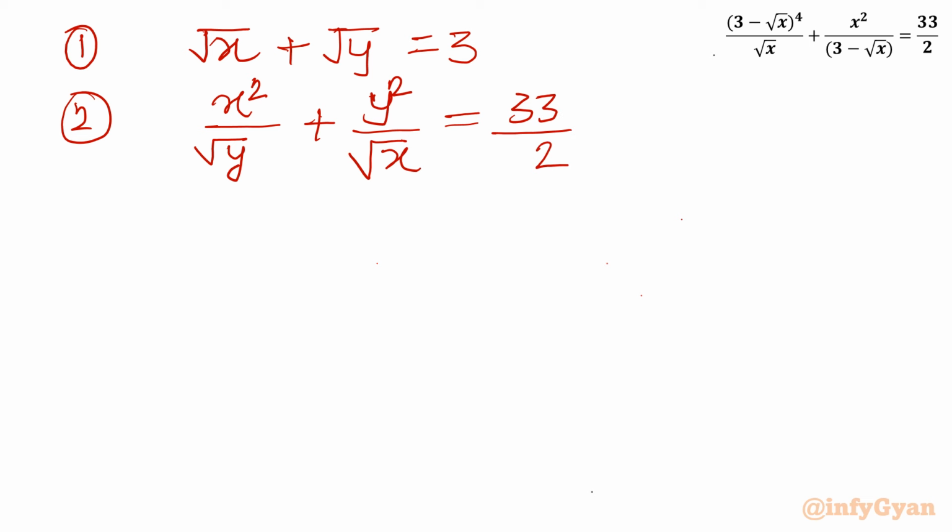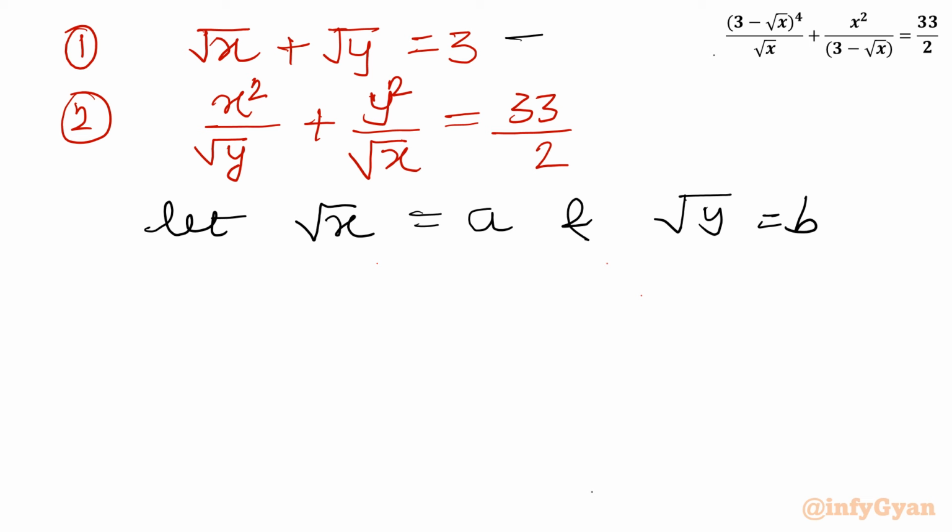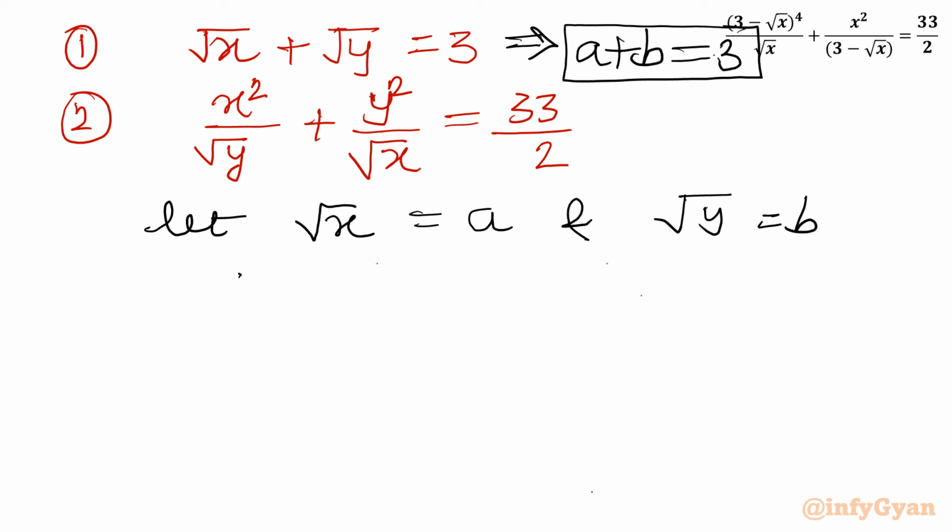Now I will consider another substitution as we have radical terms. So let us consider square root x equal to a and square root y equal to b. So I will write our first equation as a plus b equal to 3. The second equation will become x square, so a power 4 over root y, so b, plus y square, so b power 4 divided by root x, so a.